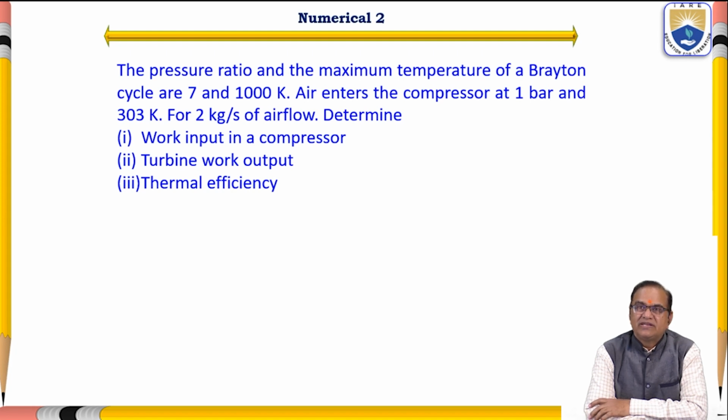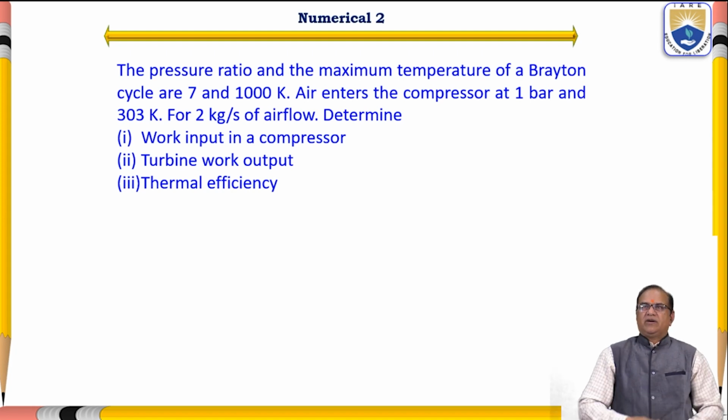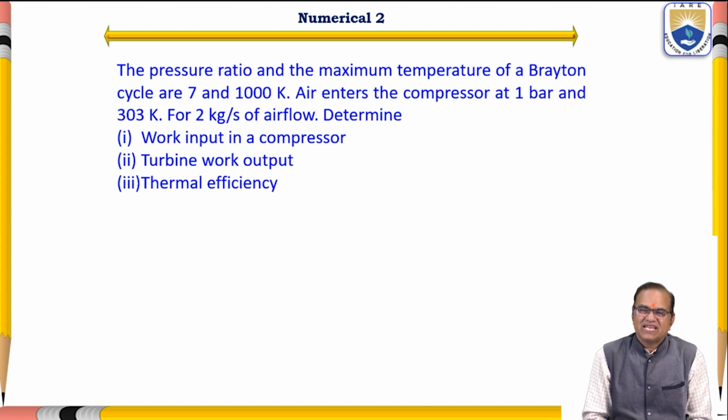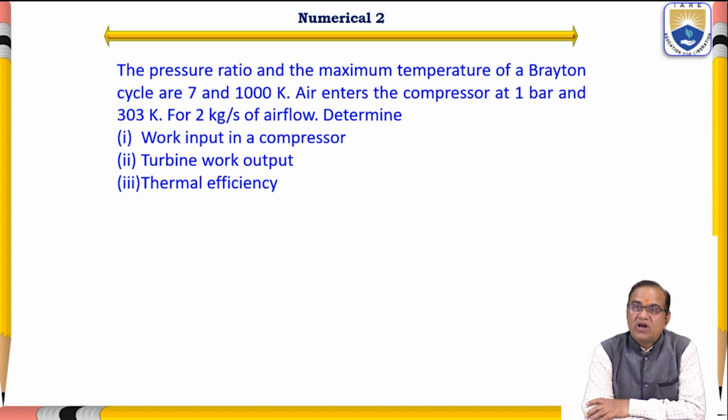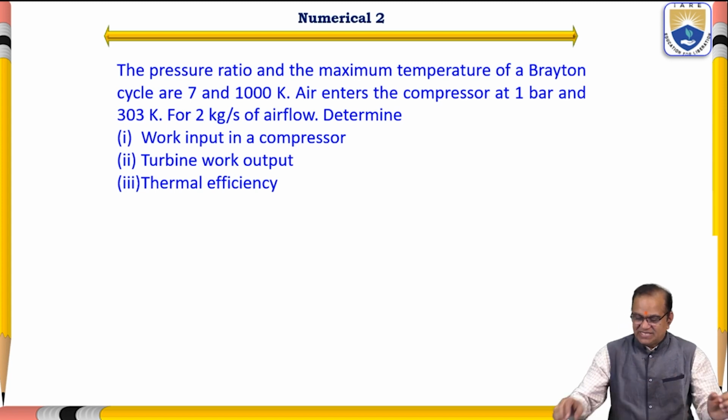Here the pressure ratio and the maximum temperature of a Brayton cycle are 7 and 1000 Kelvin. Air enters the compressor at 1 bar and 303 Kelvin for 2 kg per second of airflow. Determine the work input in the compressor, the turbine work output, and the thermal efficiency of this cycle. So here it is a Brayton cycle.